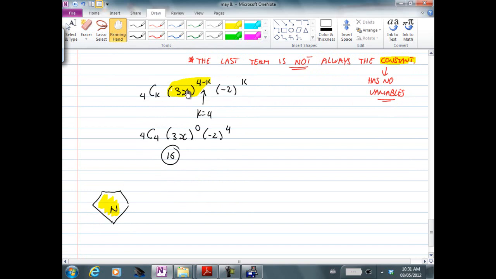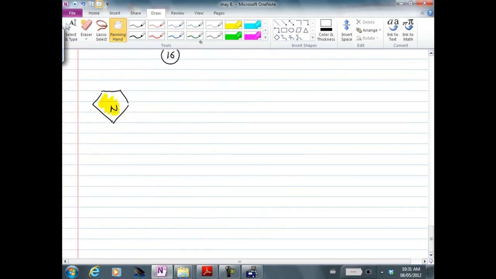Would you agree this exponent has to be 0 to get rid of x? So k has to be 4, because 4 minus 4 is 0. Every question changes, but you use the same similar logic. You have to show me the work. Good luck with this one.